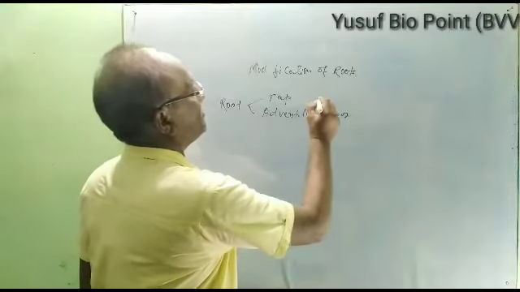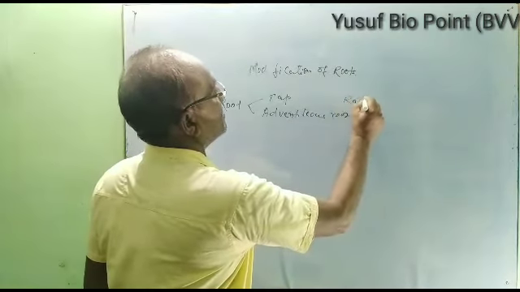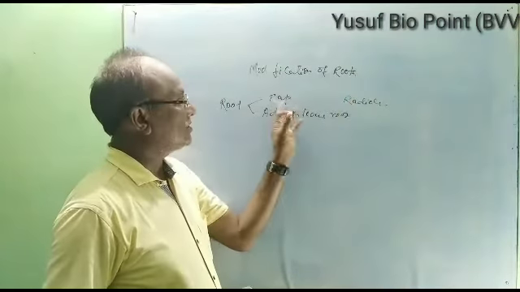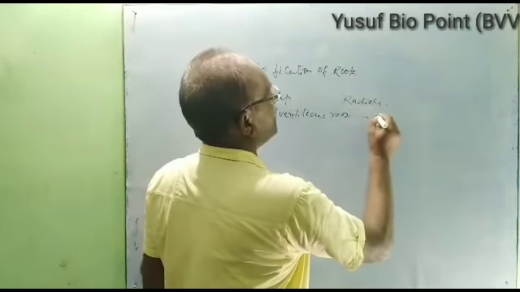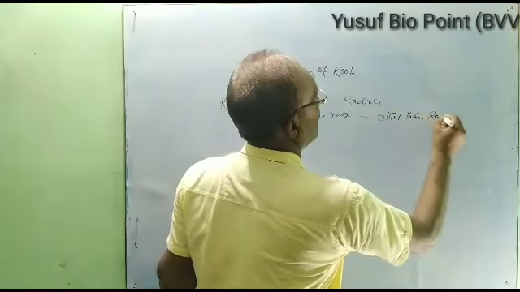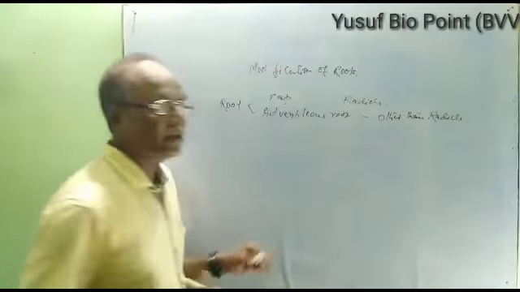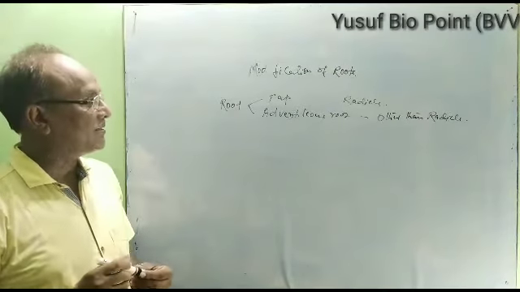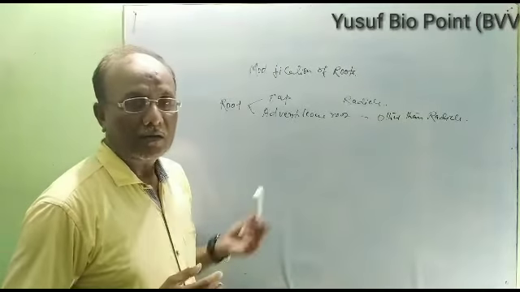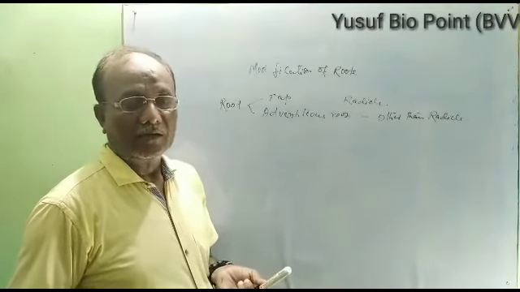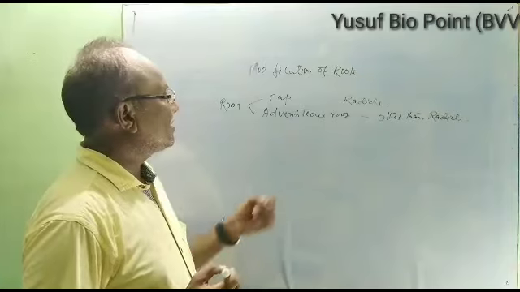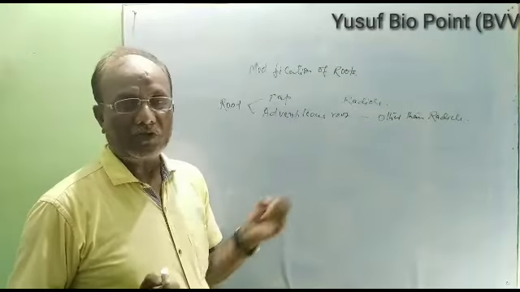The root which develops from a radicle is called the taproot, and the root which develops from other than a radicle, these are the adventitious roots. Now we just studied the modification of root: the conical, napiform, fusiform. These are the modifications of taproot.